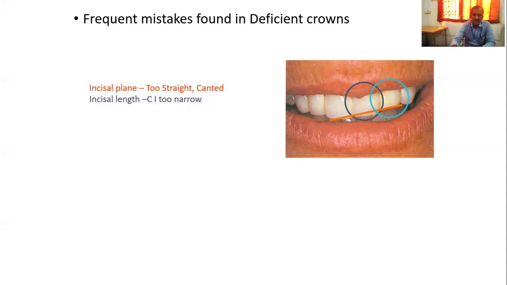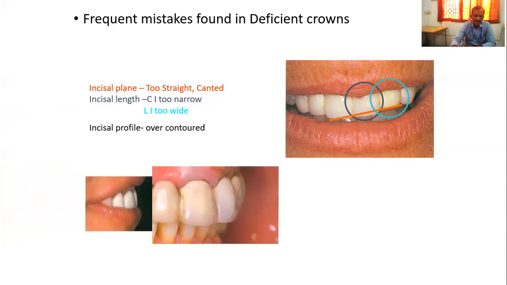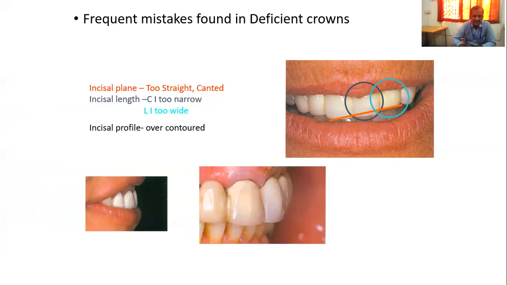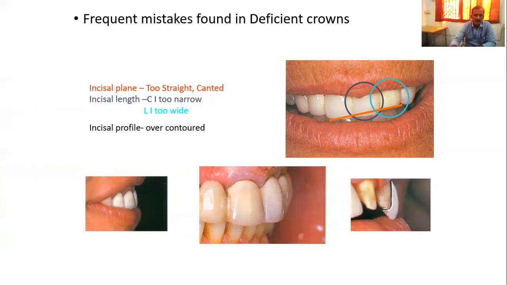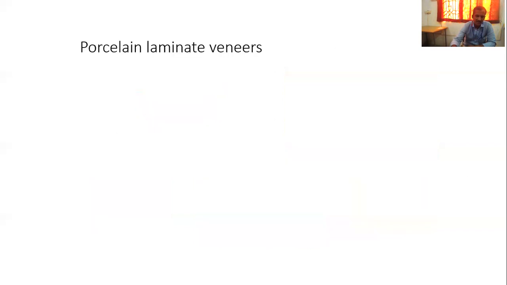The incisal plane will be too straight, it will be canted, it will be too narrow, and obviously the profile will be over contoured. These are the frequent mistakes seen with an improper, deficient crown.